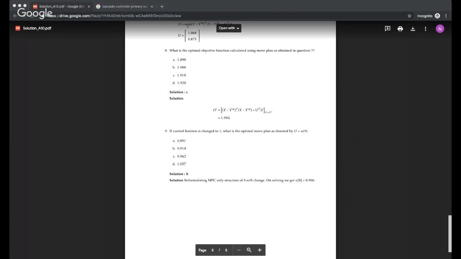So the next question is, how do we approximate higher order systems into first order plus dead time? If you could see in one of the tutorial lectures, we had done this approximation. Basically, we have taken the maximum slope and found that intercept as dead time, and then we saw what time it takes from that point to reach 63.2% of the final value.